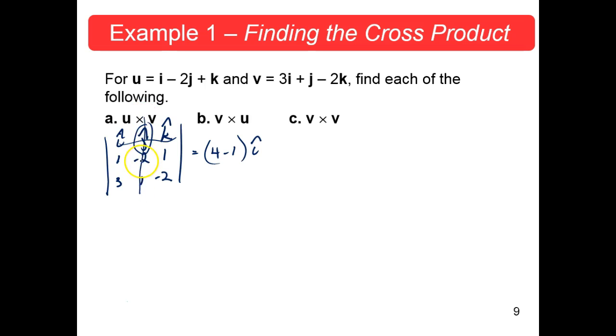The column 2. Okay. Now, what do we have to remember about the J? Sign. Oh, that's negative. So that's going to be a negative.